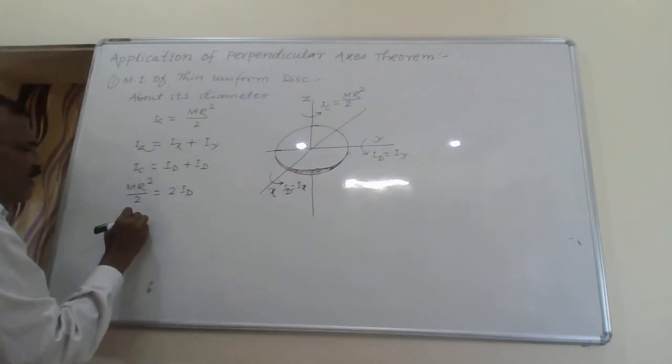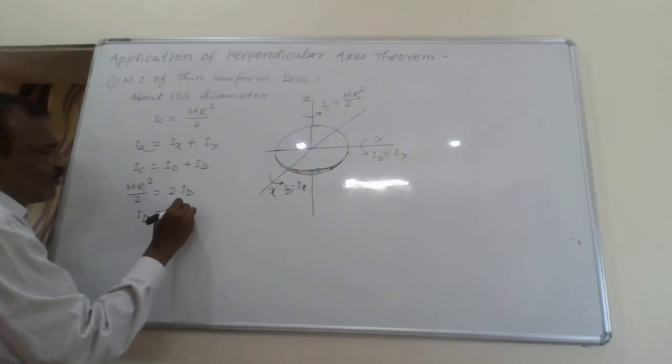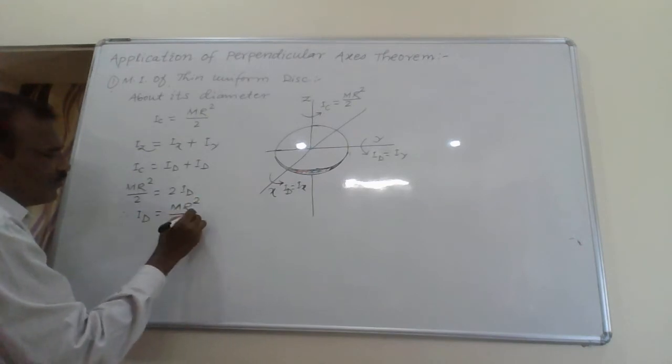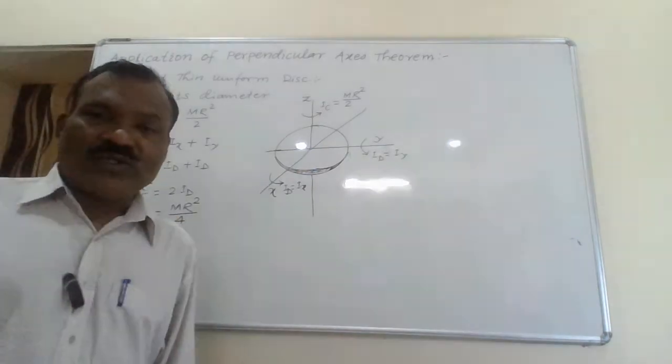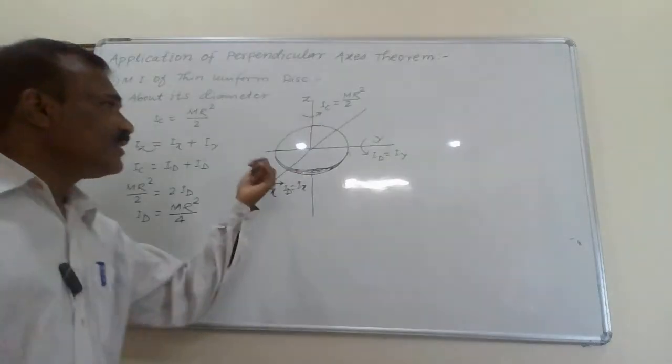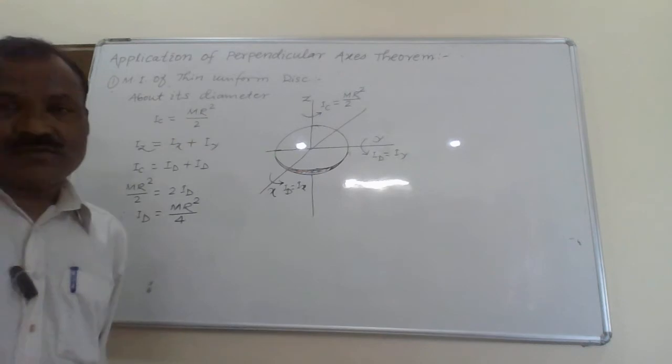Therefore ID can be written as equal to MR square by 4. This is the moment of inertia of a disk about an axis passing along its diameter.